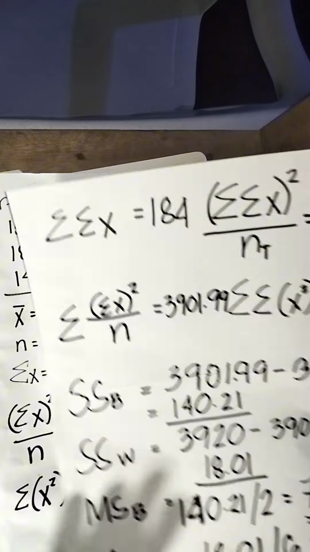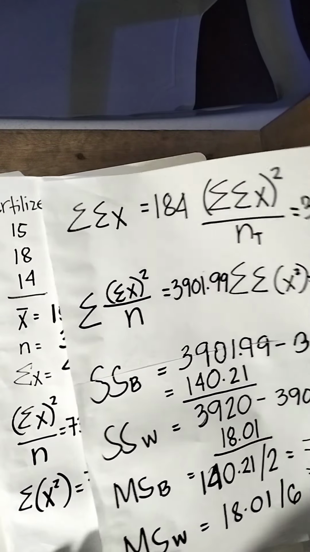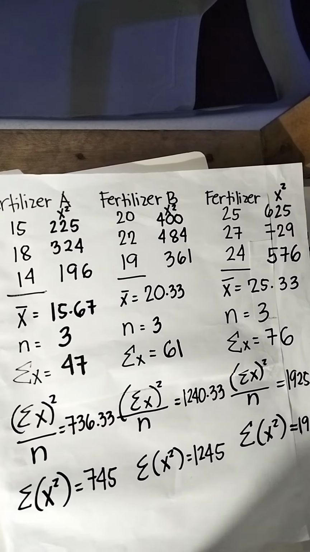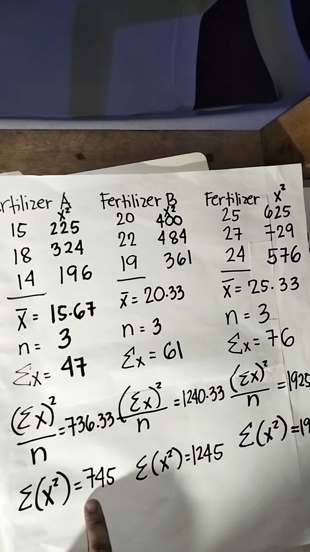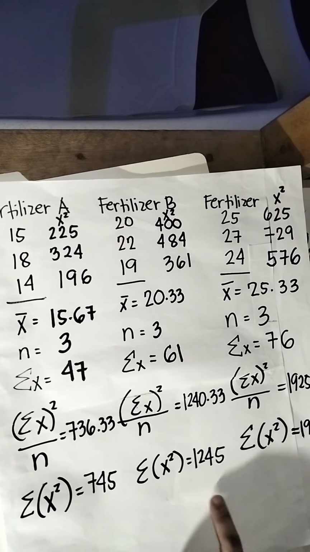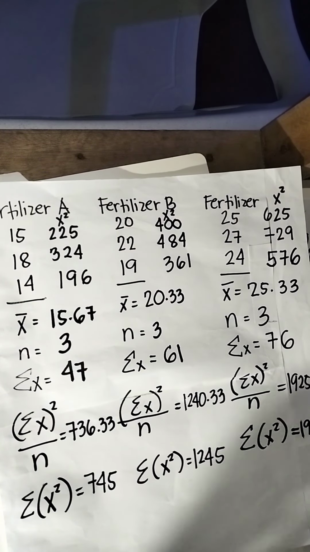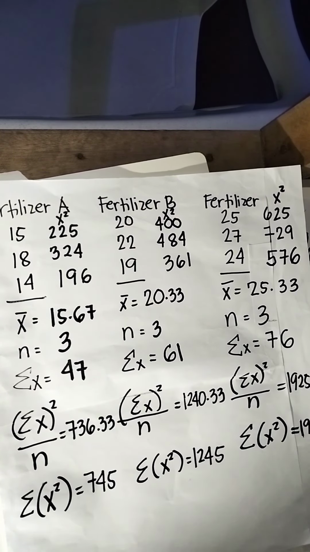So now, we will also get the summation of x squared. Question, everyone, do we have the summation of x squared in each of the data that we have? Yes. So what is it? We have 745, we also have 1,245, and we also have 1,930.